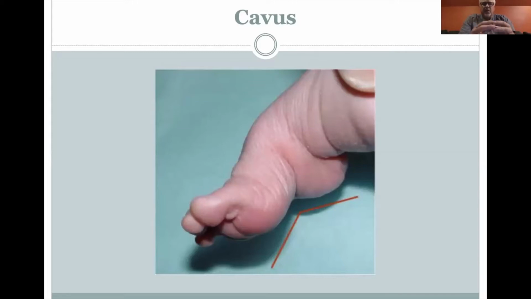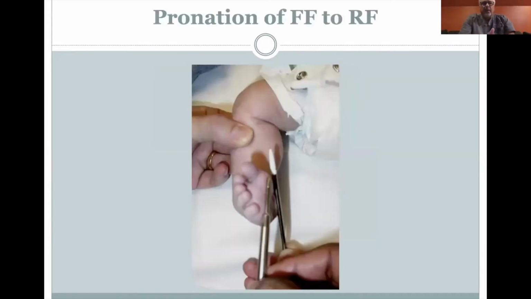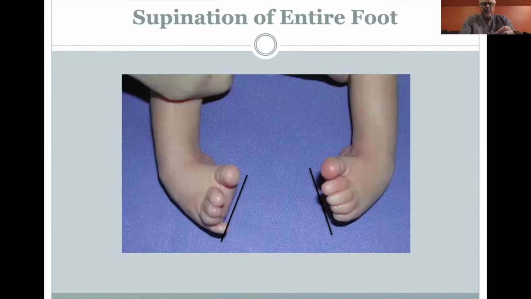So understand that there's a cavus deformity and that the forefoot is pronated relative to the rear foot or hindfoot. And this is demonstrating that with these pens. You can see how the forefoot is pronated relative to the hindfoot. And then there's supination of the entire foot. Yes, the forefoot is pronated to the rear foot, but the whole foot as a unit is supinated.